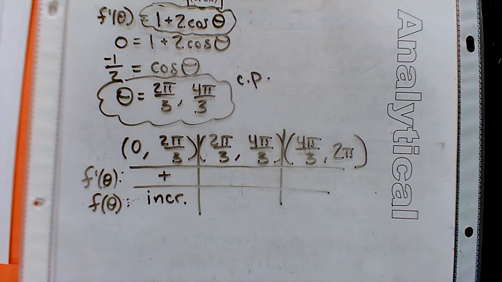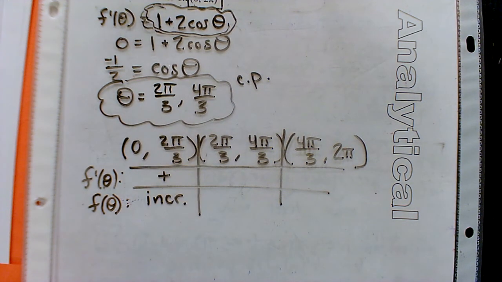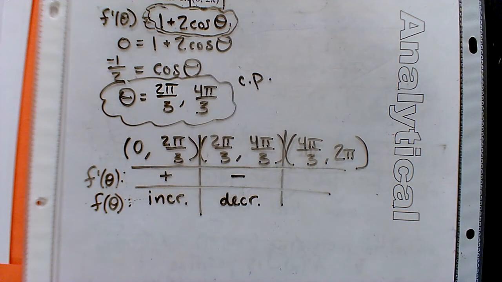We have a positive slope. Pick some radian value between 2 pi over 3 and 4 pi over 3. Pi, plug it into your derivative. We got negative. So original function is decreasing. And then pick something between 4 pi over 3 and 2 pi. Maybe 3 pi over 2.